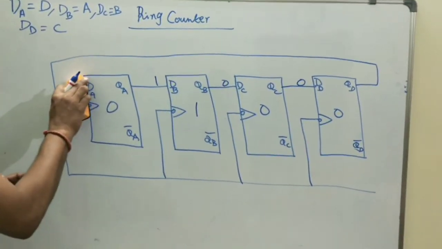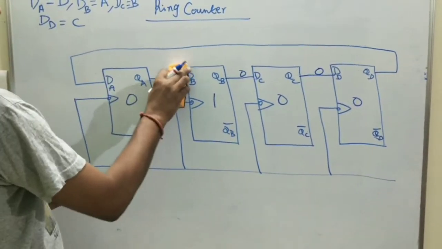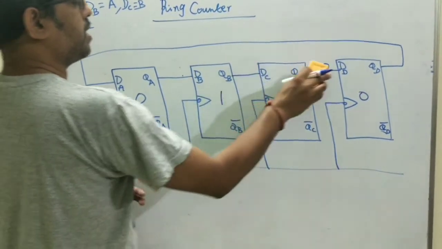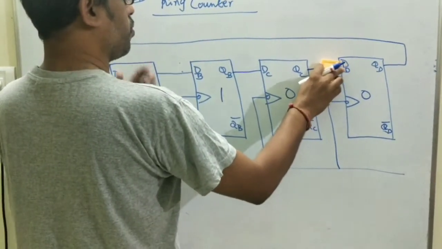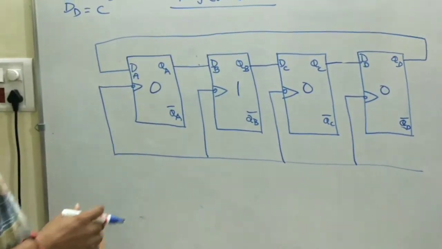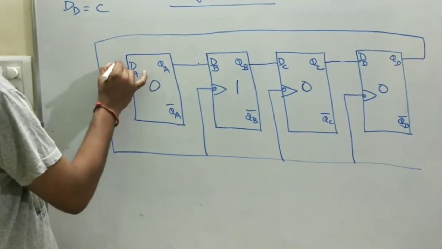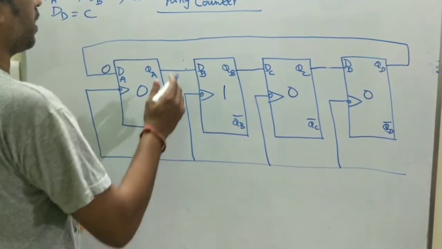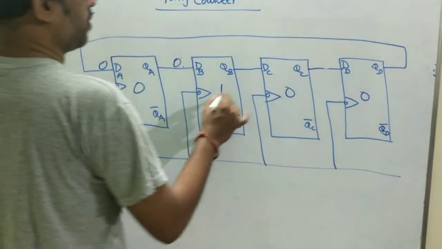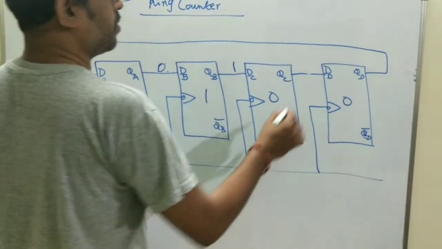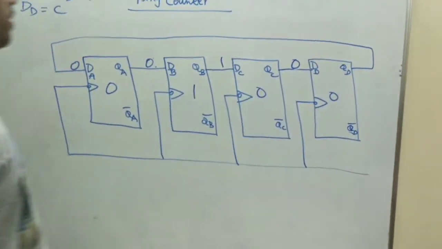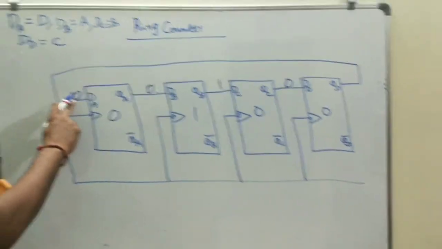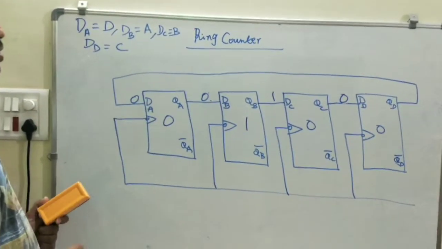Now before applying the next clock pulse, we need to make the inputs ready for all the flip-flops to move on to the next state. What is the input for DA now? 0. For DB it is 0. For DC it is 1. For DD it is 0. Now you apply the clock pulse. DA input is 0, so 0 is stored.